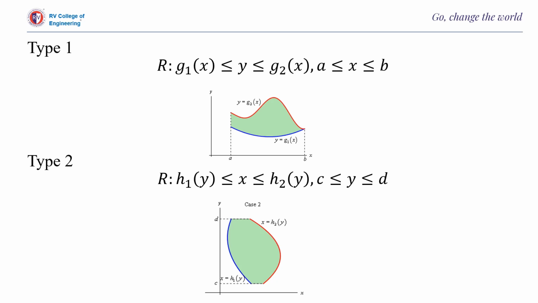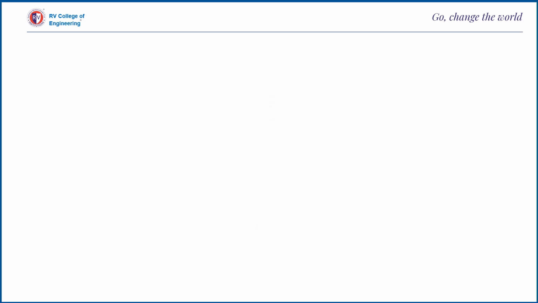So here the region of integration, which is the shaded region, is bounded between the curves x equal to h1 of y and x equal to h2 of y and y equal to c, y equal to d. Now let us see how to evaluate a double integral over the general region.